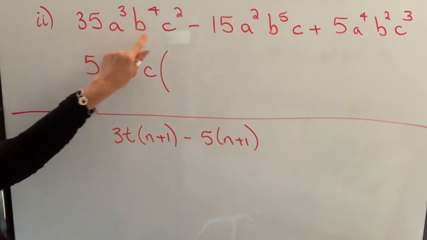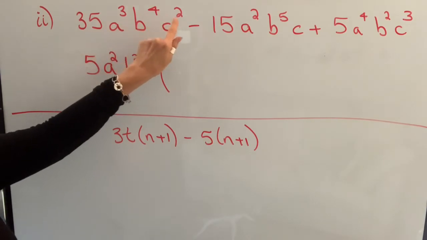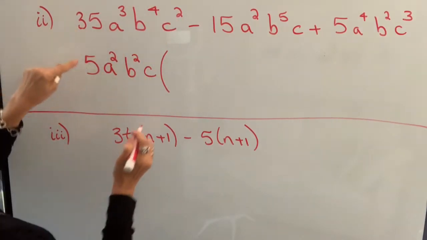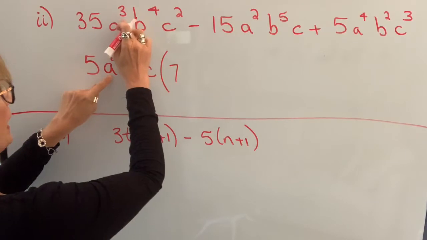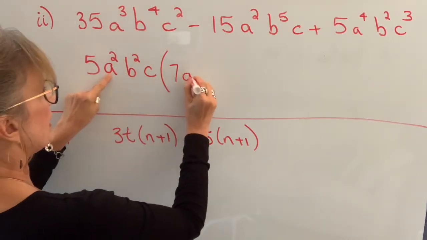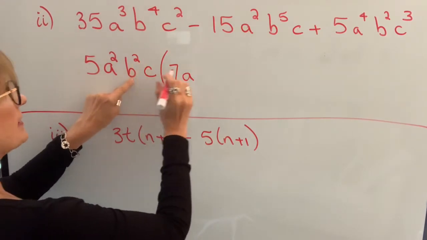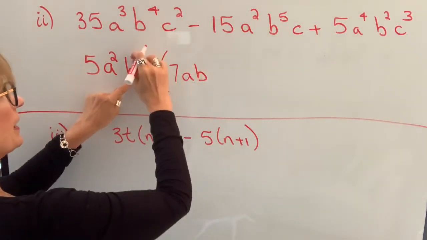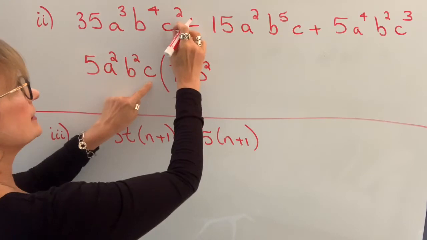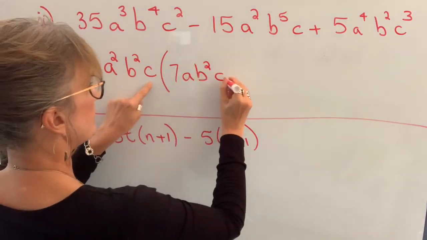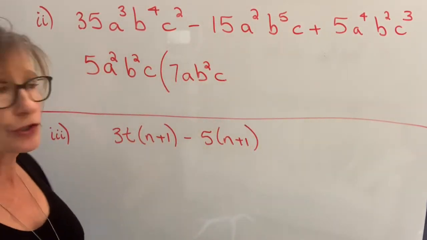So 35a cubed b to the 4th c squared divided by this: 35 divided by 5 is 7. A cubed divided by a squared would be a to the 3 minus 2, which is a. B to the 4th divided by b squared is b to the 4 minus 2. And c squared divided by c is c to the 1. I do that for each term.